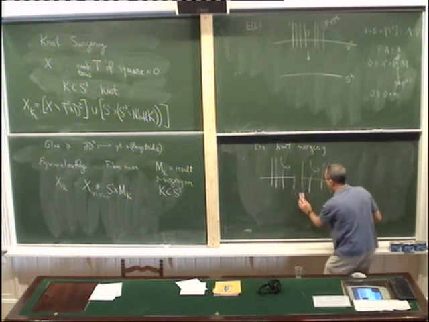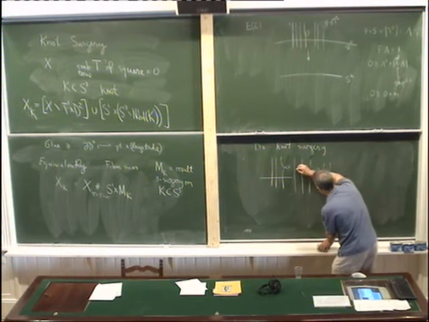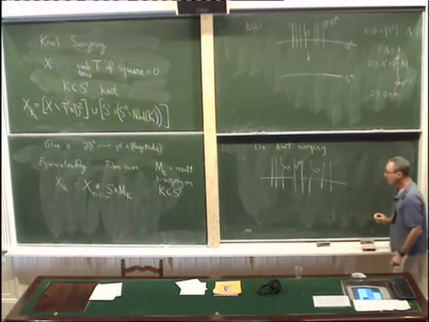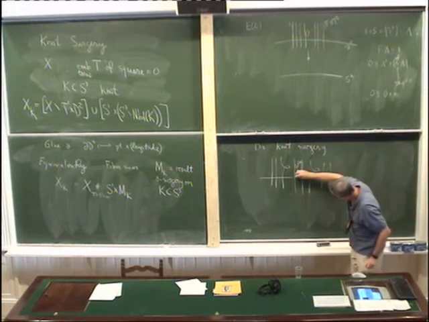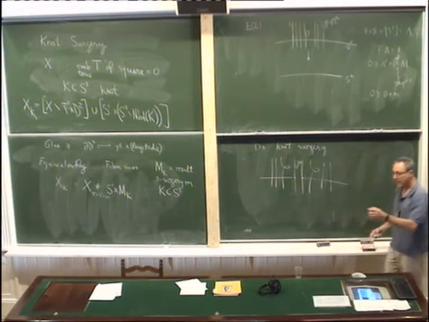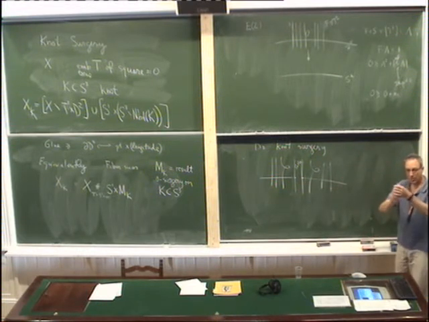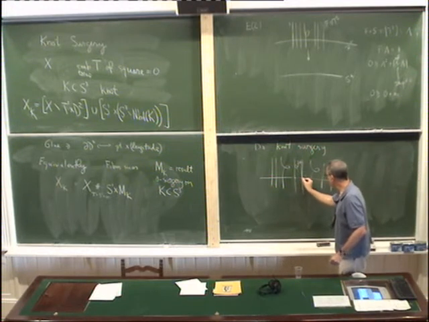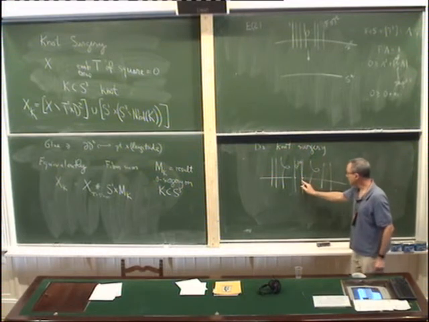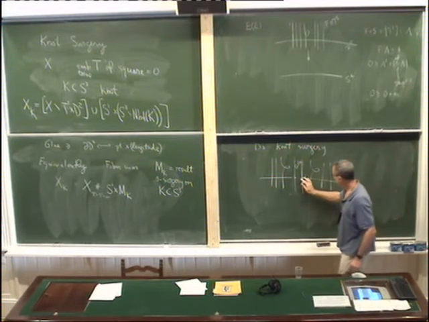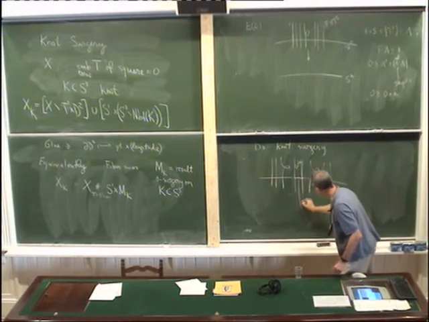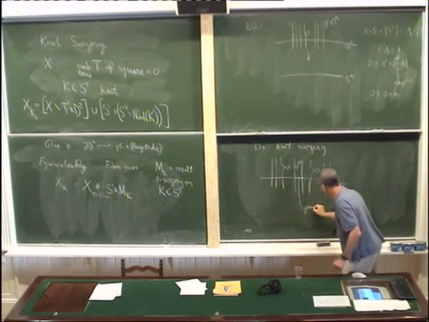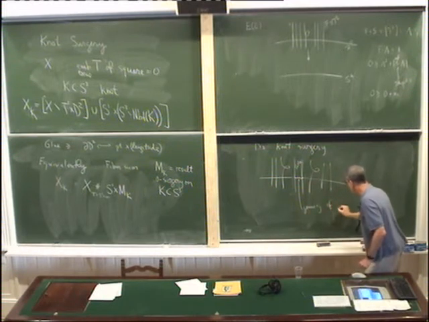I'll remove the neighborhood, and in here I glue S1 cross S3 minus a neighborhood of the knot. And we glue it in such a way that these two dots indicate the normal circle to the original torus. And here was the original normal disk. And now I've replaced that normal disk by the Seifert surface for the knot. So in here is now a genus G surface, if the knot has genus G.